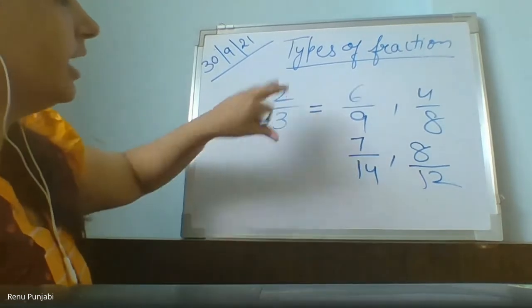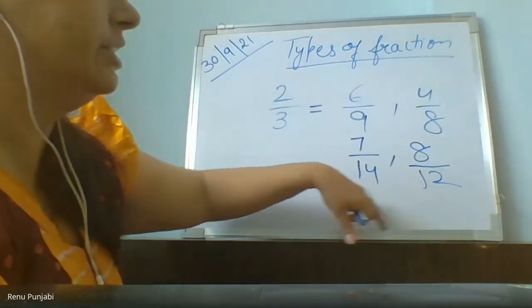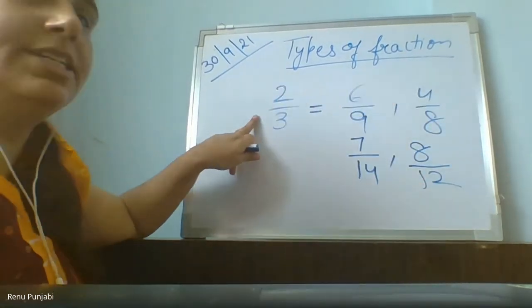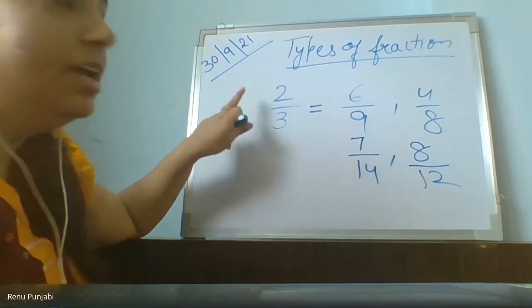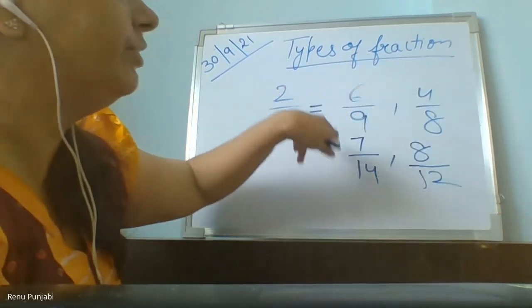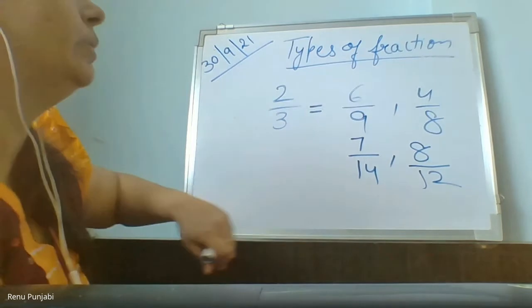So these different fractions are given to you. One fraction is given to you, which is 2 upon 3. Can you find the fraction out of the given fractions which is similar to 2 upon 3?